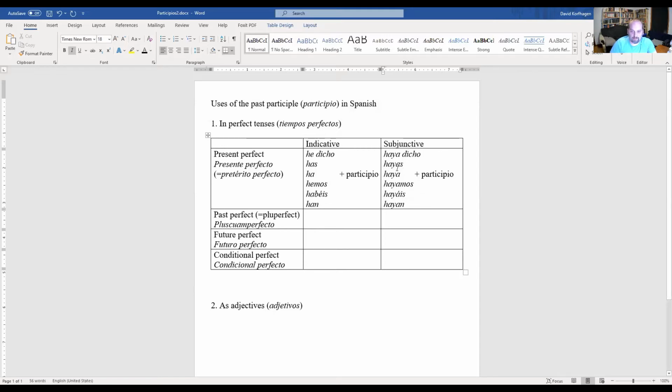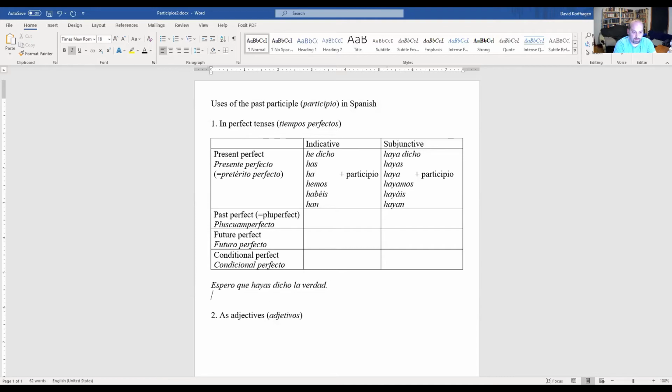No sé, like espero que hayas dicho la verdad, for example, right? So anything that triggers a subjunctive, but you want to talk about in the past, you would do it like that, right? So let me just write it down here real quick. The example, espero que hayas dicho la verdad.